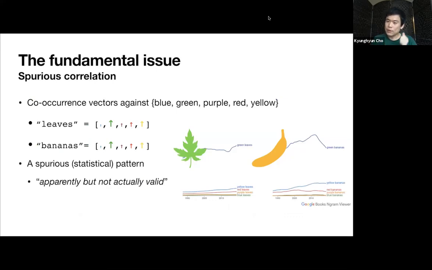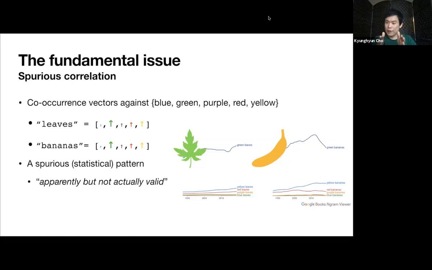But we know that these colors should not matter when we determine the similarity between leaves and bananas. And what this tells us is that the statistical methods are picking up a signal that is spurious.